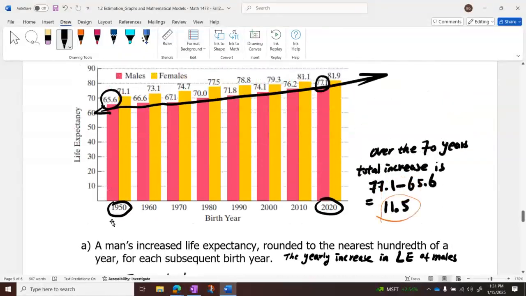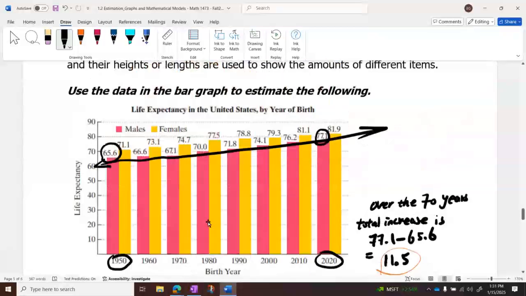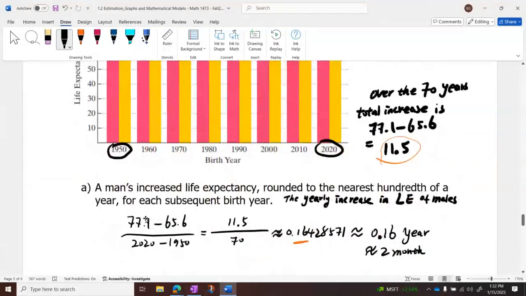Y here is the life expectancy. All you need to do is this: you use the number on top of the tallest bar minus the number on top of the lowest bar. Use that difference to divide by the number of years. How do you find the number of years? You use the ending year minus the beginning year. And that's all you need to do.